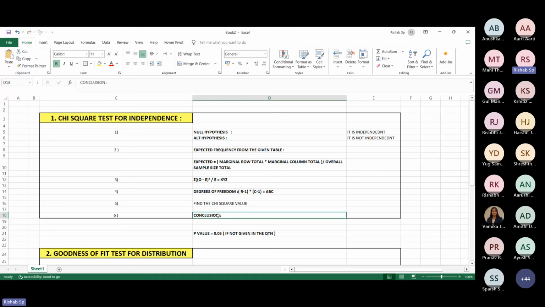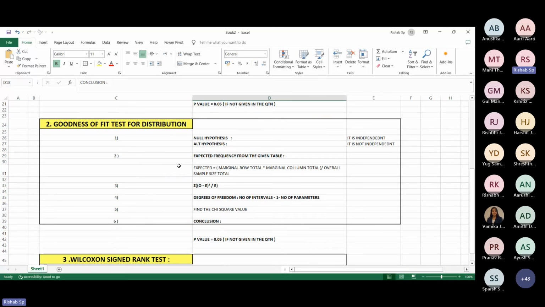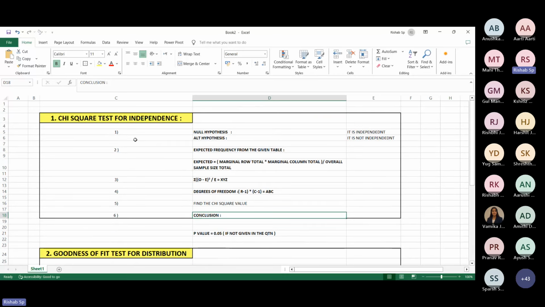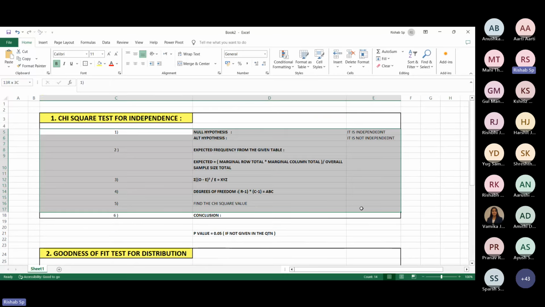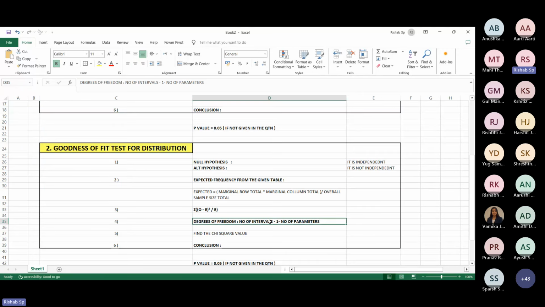For the goodness of fit test, it is majorly used for finding the distribution. Let's assume there is data and it is mentioned that it is normally distributed. We have to find whether it is actually normally distributed. It is exactly the same process as the chi-square test of independence, with just one difference: the degrees of freedom.